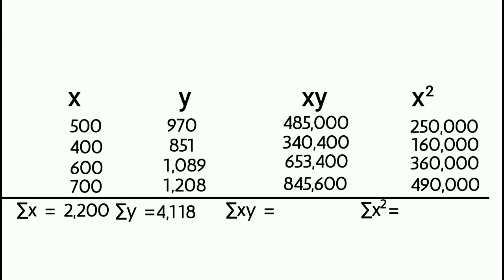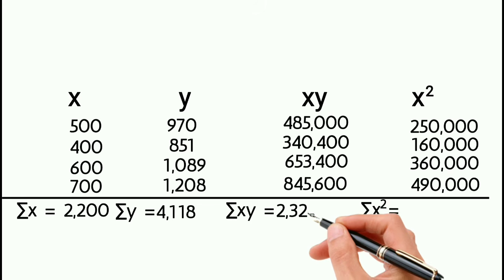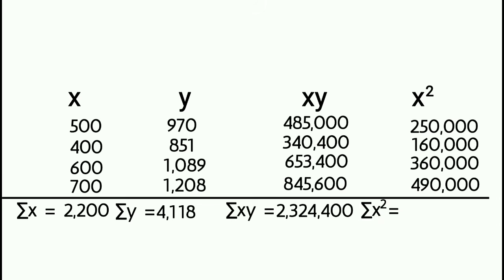Next, summation of xy, 485,000 plus 340,400 plus 653,400 plus 845,600. The summation of xy is equal to 2,324,400. Next, x raised to the power of 2.